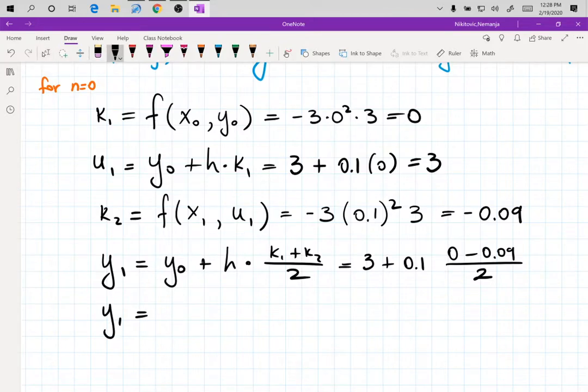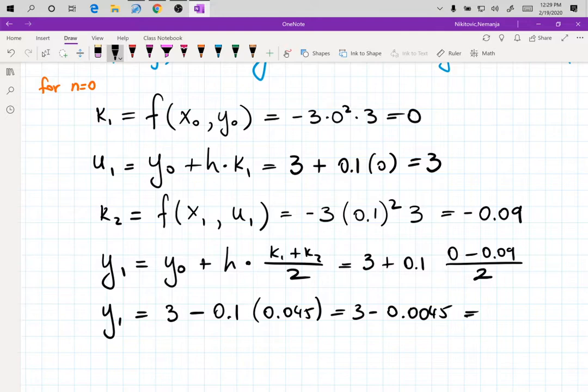And I calculate my y1 as 3 minus 0.1 times 0.045, that's 3 minus 0.0045, which is 2.9955. There's our y1. Woohoo! For n equals 1.